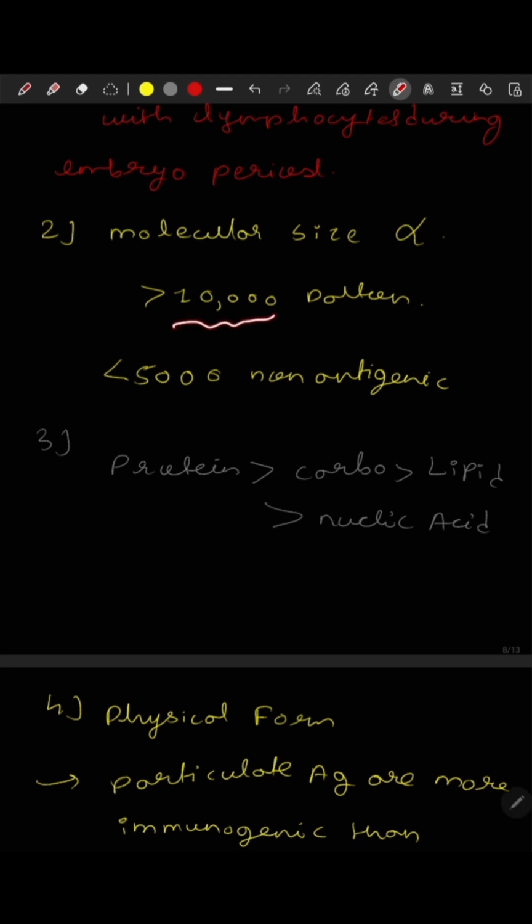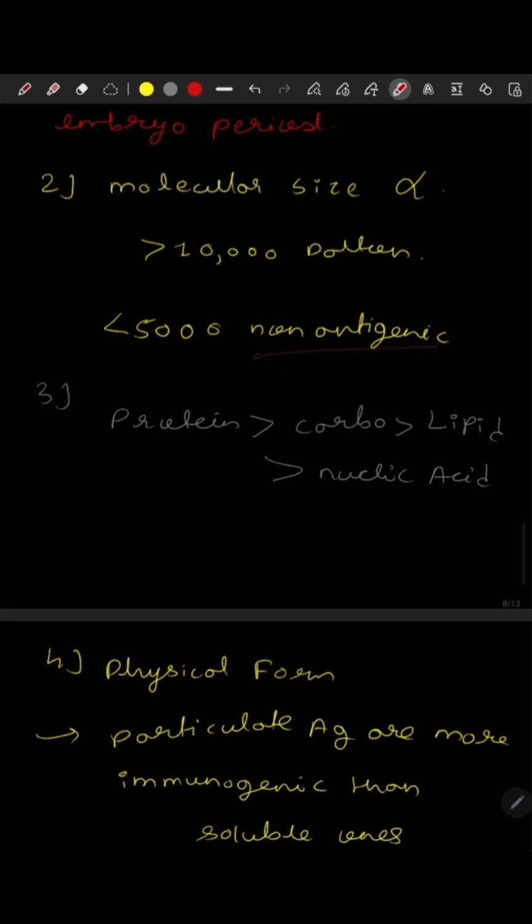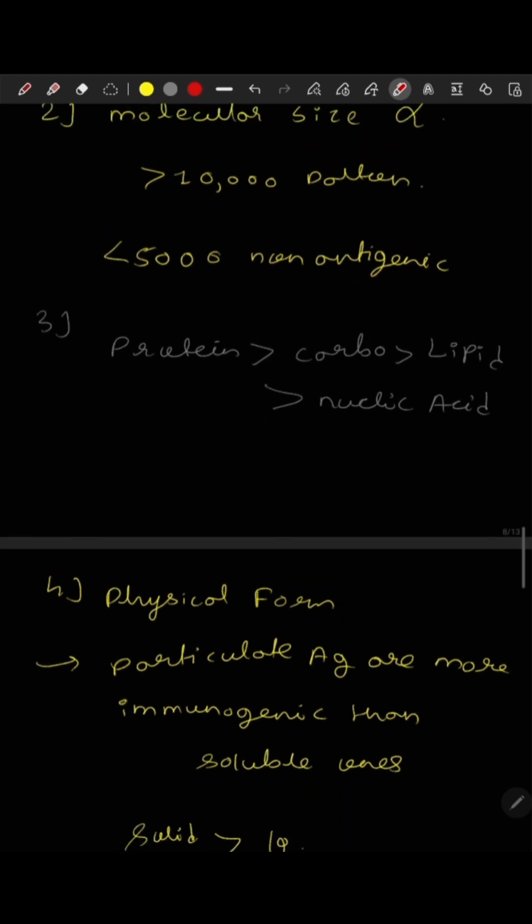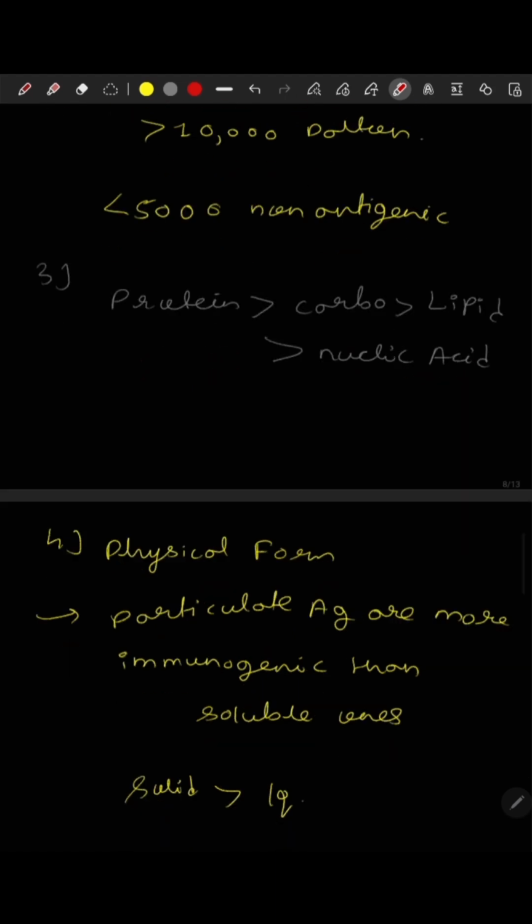Minimum 10,000 Dalton से बड़ा साइज होना चाहिए. Then less than 5,000 Dalton will be considered to be non-antigenic. Then third one, nature, that is protein will be more antigenic as compared to carbohydrates, lipids, and last one is the nucleic acid.